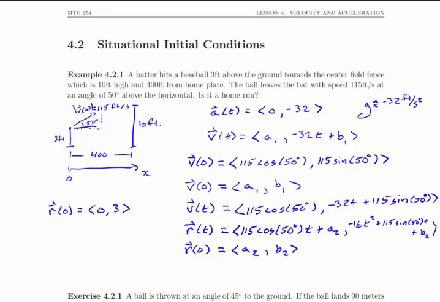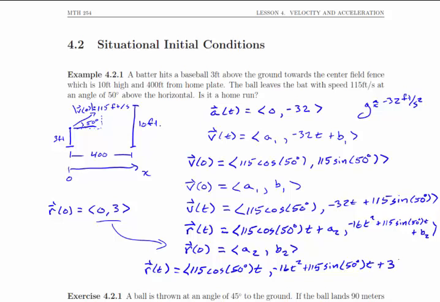And so a2 has to be 0, and b2 has to be 3, so my specific position function for this initial condition is 115 cosine of 50 degrees times t, a2 is 0, comma, negative 16t squared plus 115 sine of 50 degrees times t plus 3.